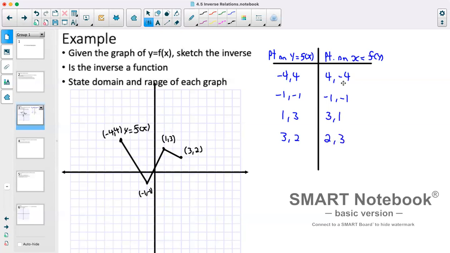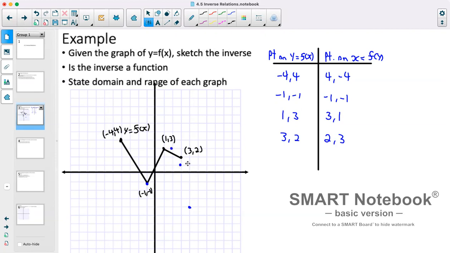At 4, we are at -4. At -1, we're at -1. At 3, we're at 1. And then at 2, we're at 3.